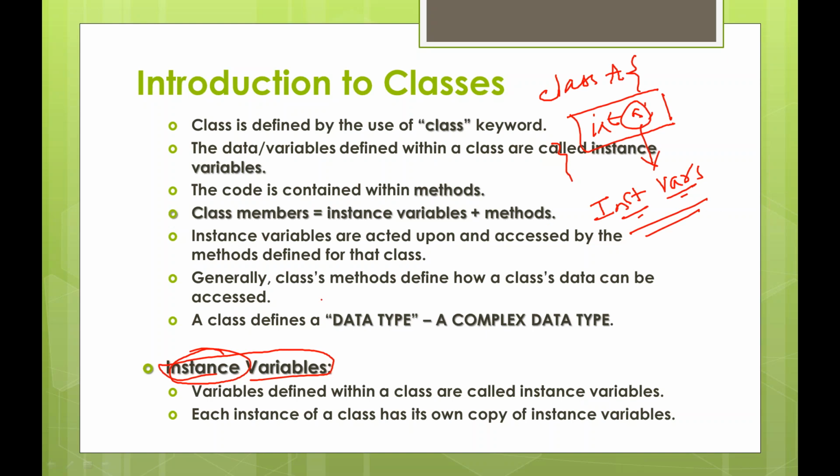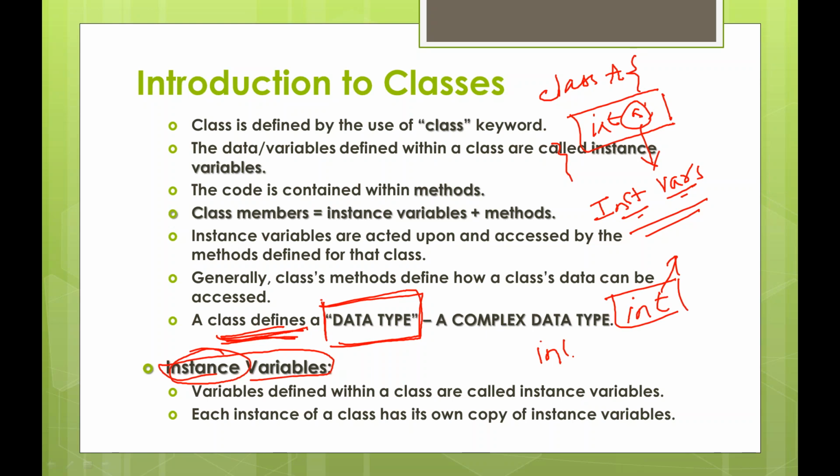What we are doing here is defining a data type when we define a class. I'm telling the same thing again and again because I want all of us to understand this concept very well. Whenever we define a class, we are defining a data type, similar to int or float.